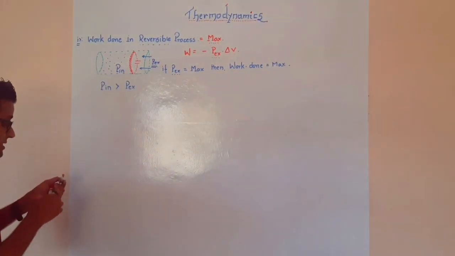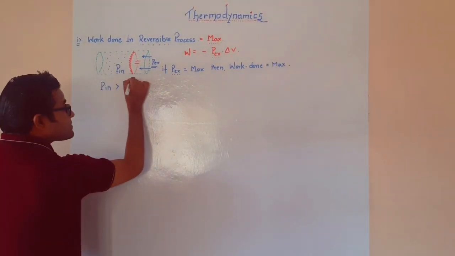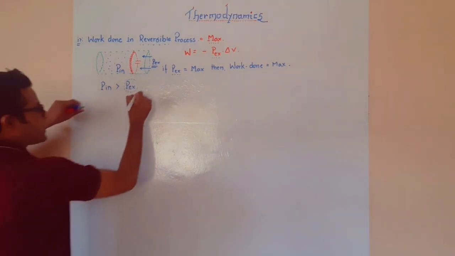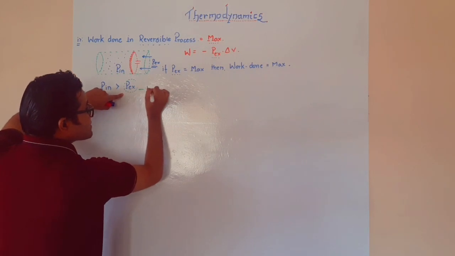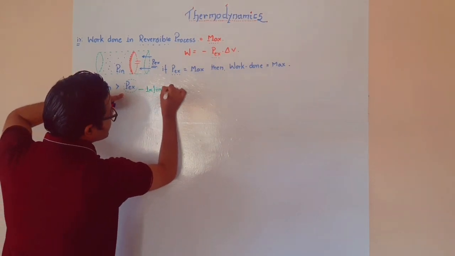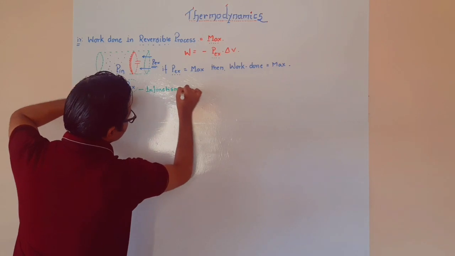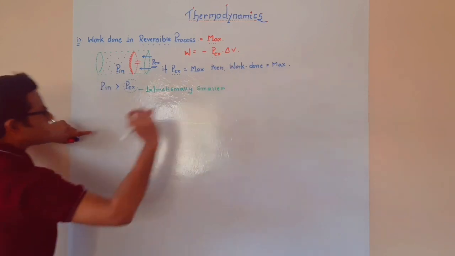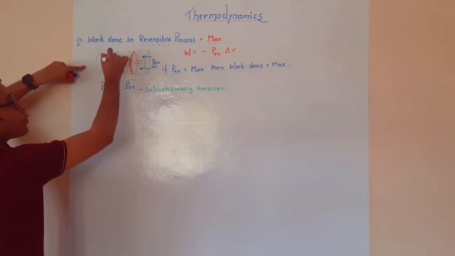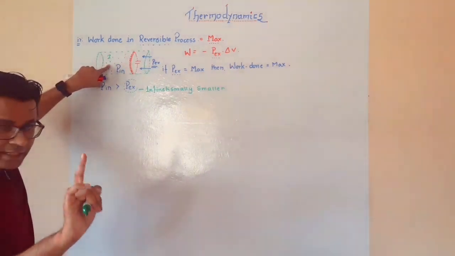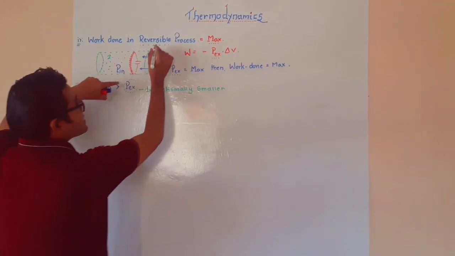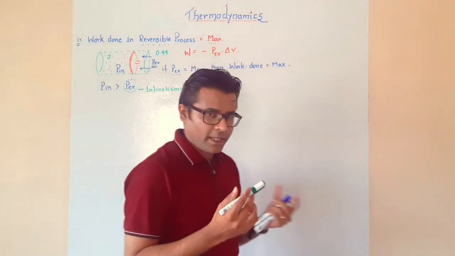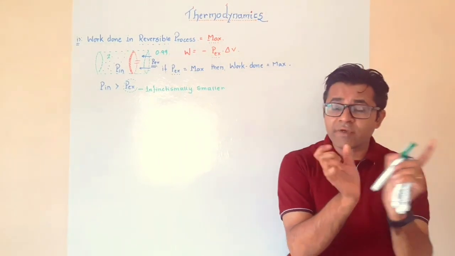Now, if the condition is such that the external pressure is infinitesimally smaller, let us say the internal pressure is 1 atmosphere and the external pressure is 0.99 atmosphere, the difference between these two is very small.